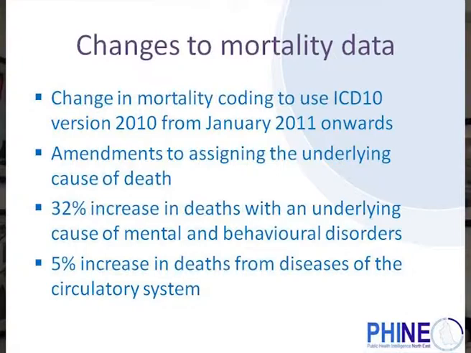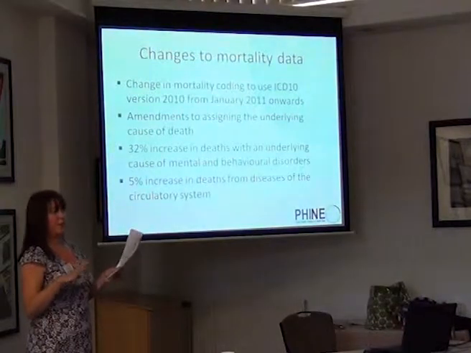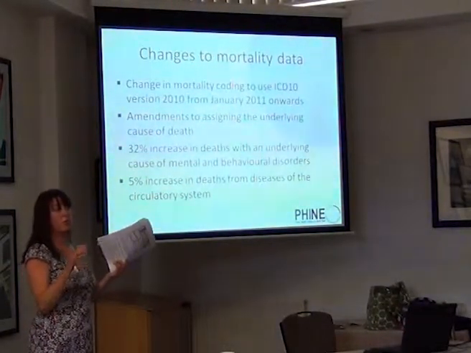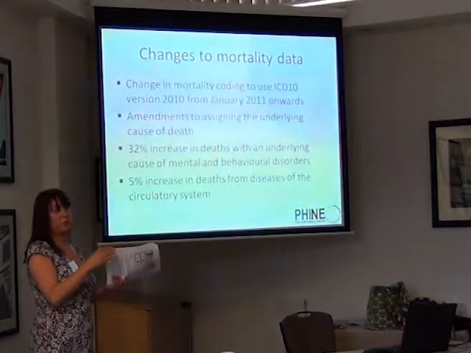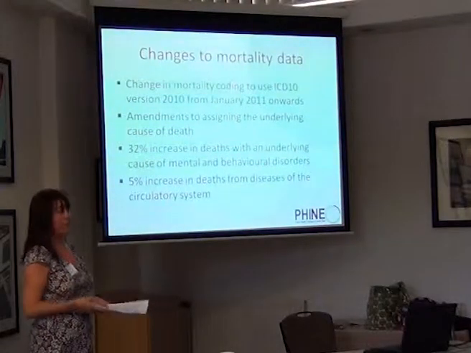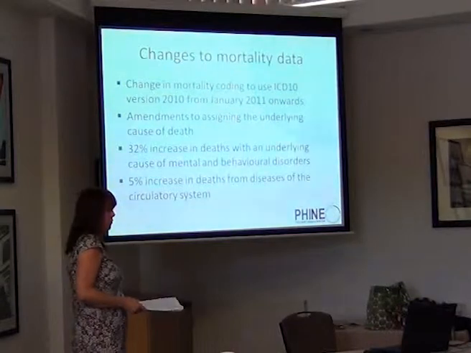So it's just something to be aware of when you're looking at time trends. There doesn't seem to be, for the analysts out there, a bridge coding, which would mean that we could retrospectively look at time trends with the new coding and see what the trends were. So we might see some blips on the trends that we're looking at for deaths.